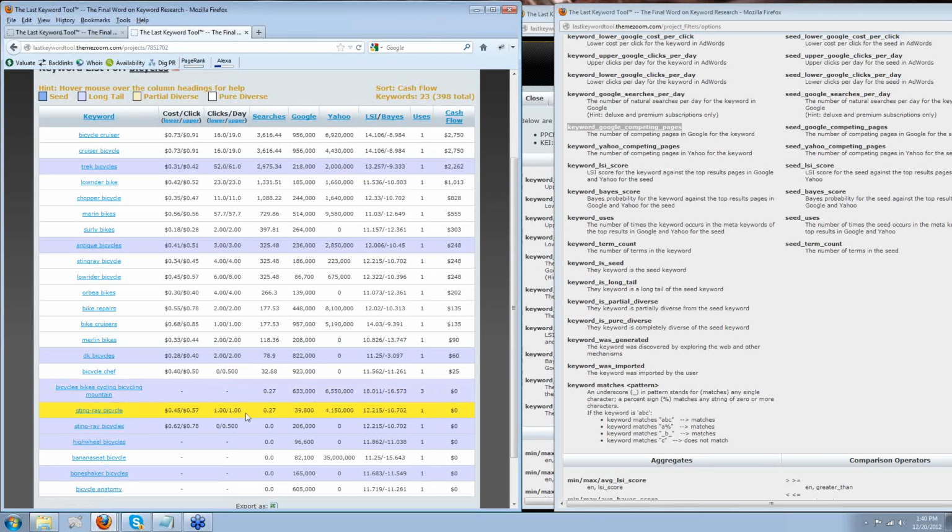Just because if you don't have at least a search per day on a national level, then by the time you get down into locale, you're going to have maybe a search a year, right? So let's take a reasonable number of searches, let's say above 10 or something like that.